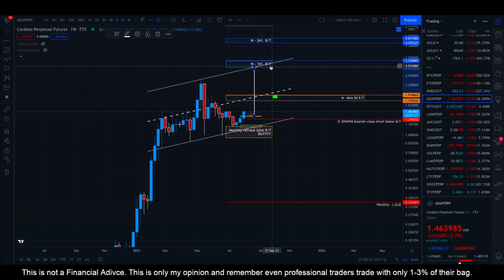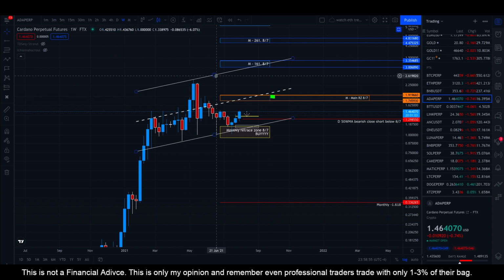So that can also be your second target if we close above the main resistance level. Ideally you want to see something like break through the main level, come back down, retest it, and then go back to the first extension level.